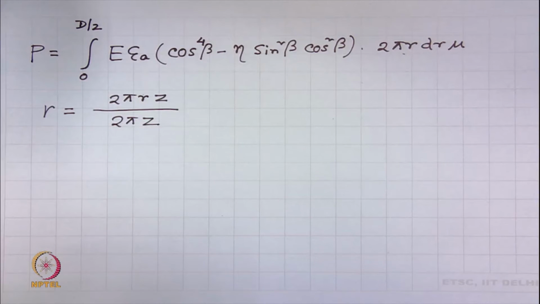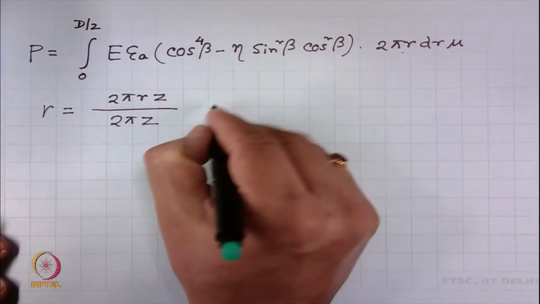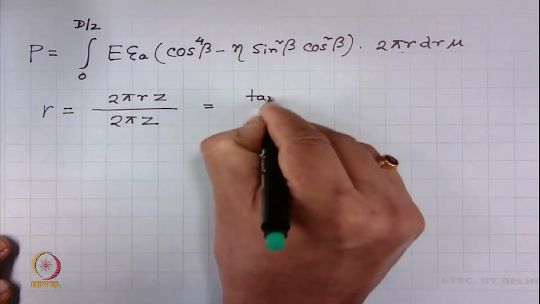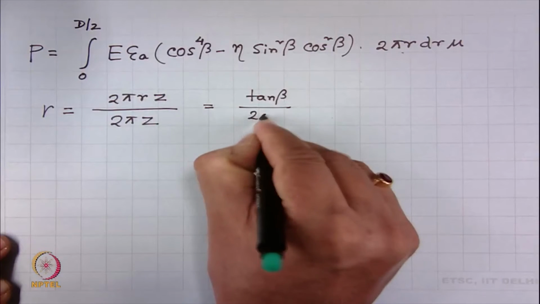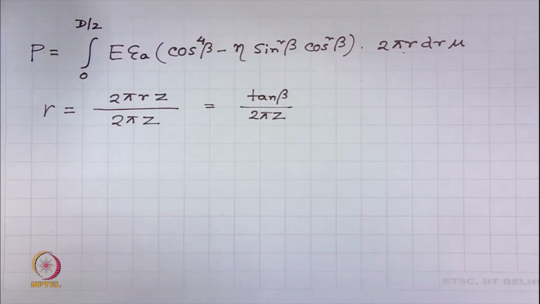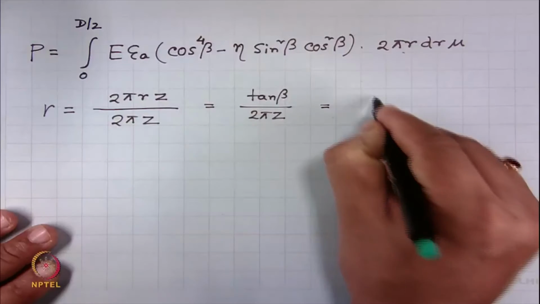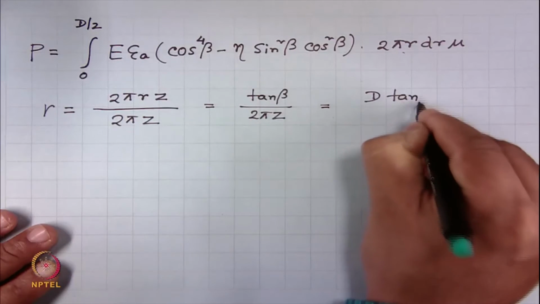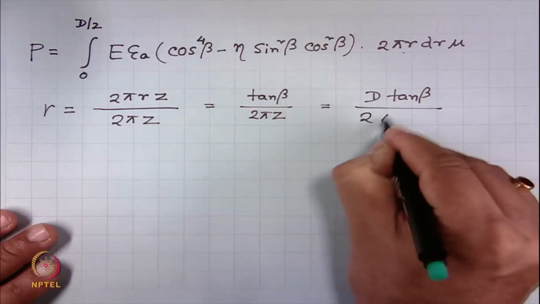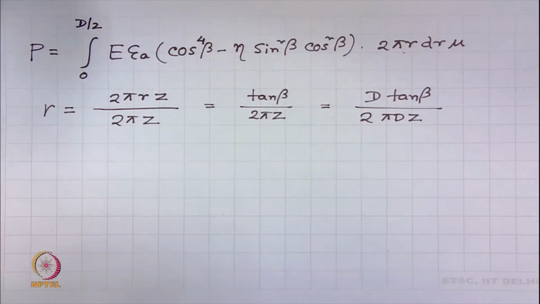What is 2 pi r z? 2 pi r z is tangent of beta. In the denominator, 2 pi z, we multiply capital D. Similarly, we have to do the same for the numerator. So, what is pi D z?